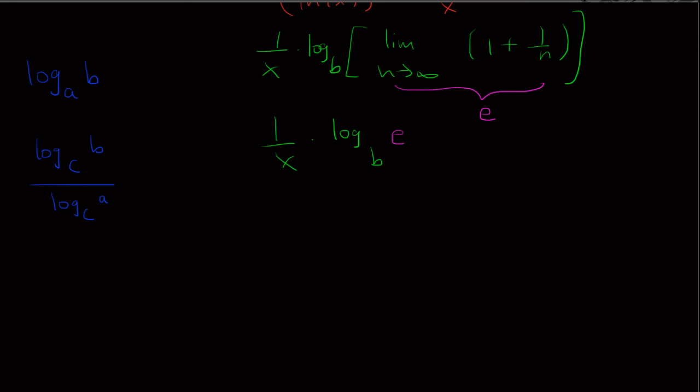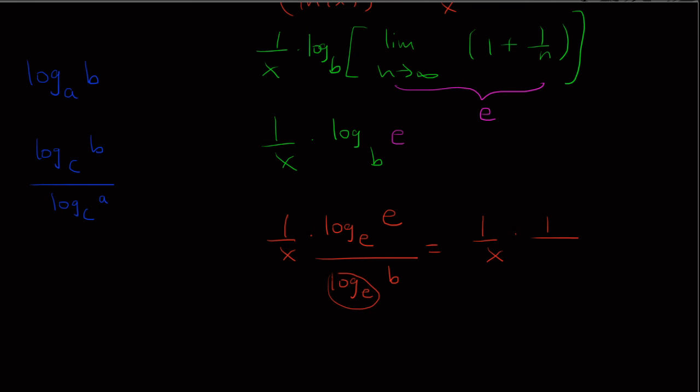In this case, we can use base e. So we can rewrite this as 1 over x times log base e of e over log base e of b, where log base e of e is just 1, over log base e of b.